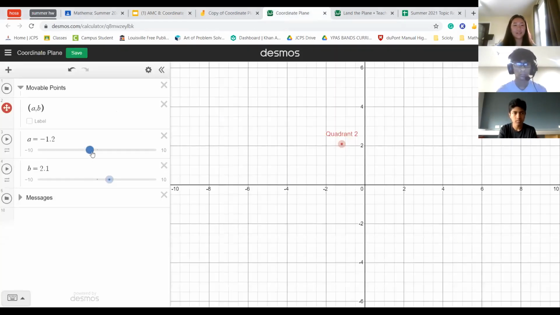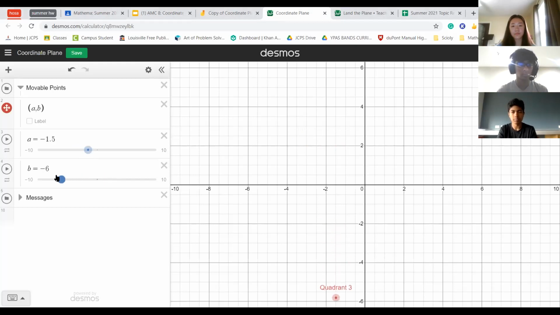Okay, yeah. So this first value that we're sliding to the left and right, that's our x. And that's going to be in the top. You can see the coordinate a comma b. So a is going to be the x value, so left and right, and then b is going to be up and down.